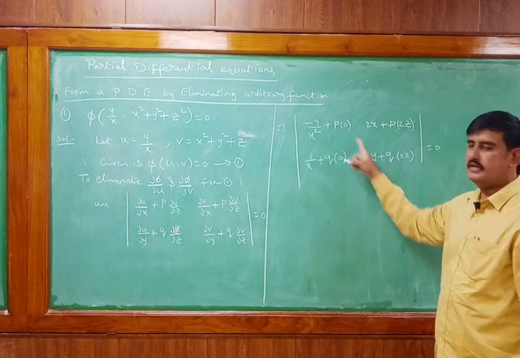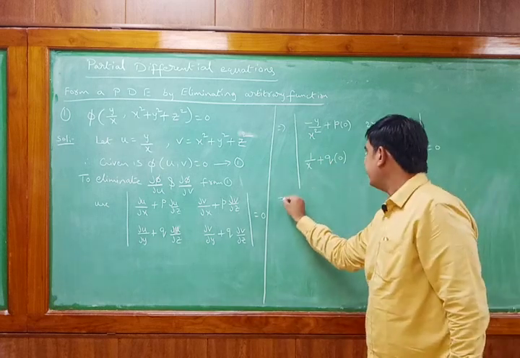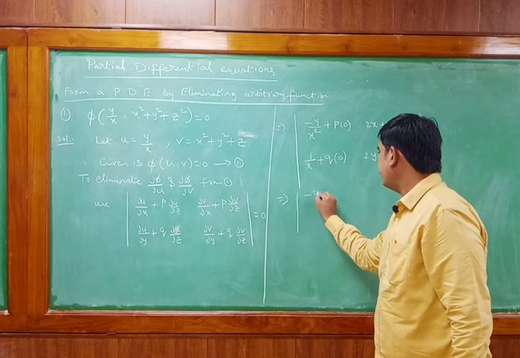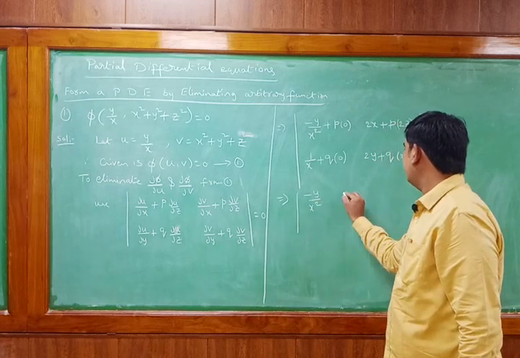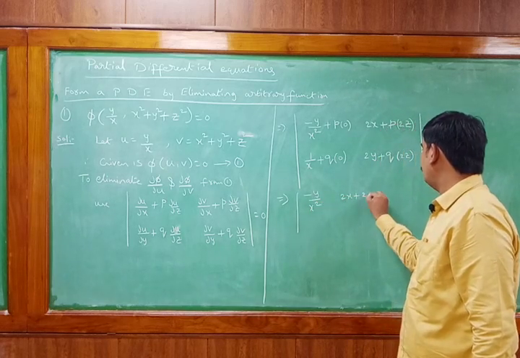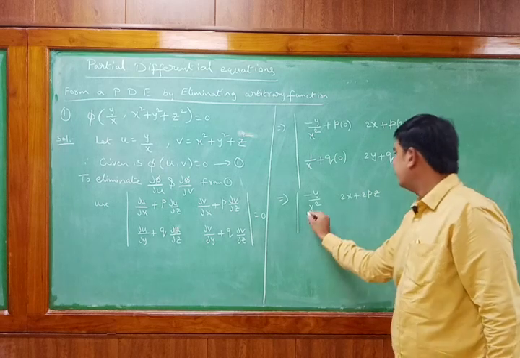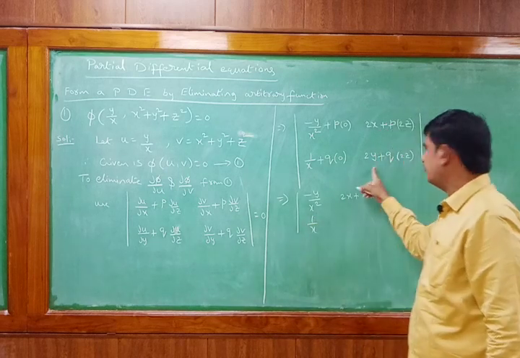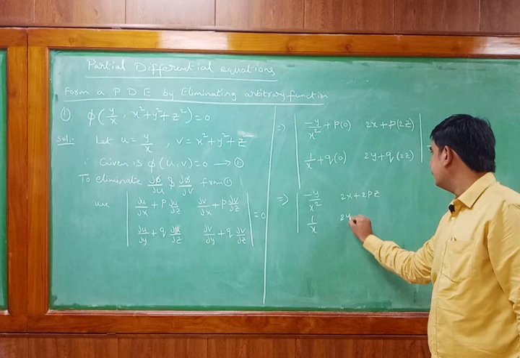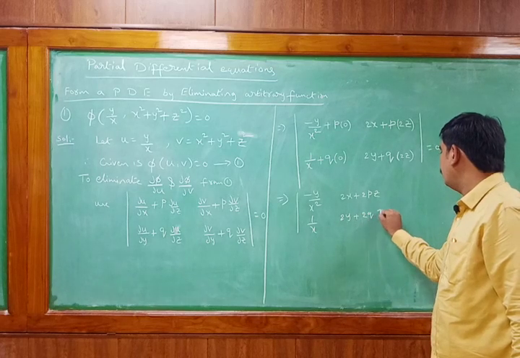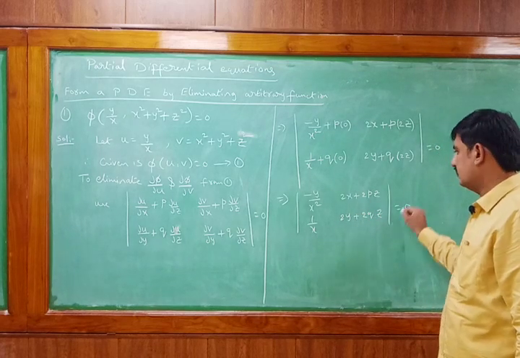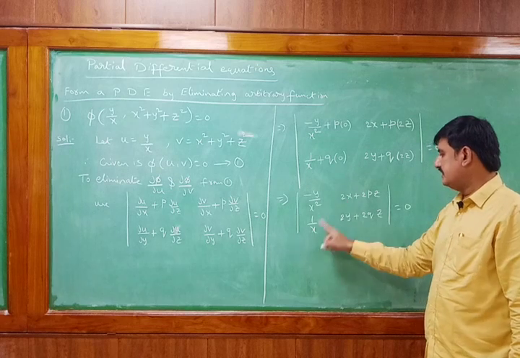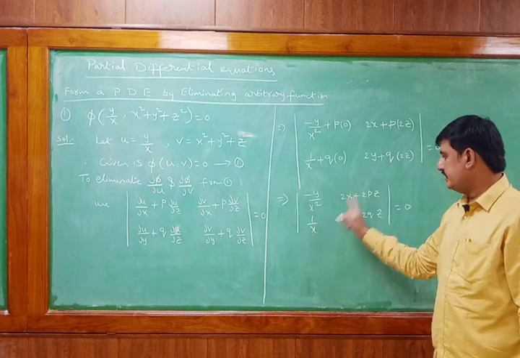So the determinant. To simplify this part, I get minus y by x square, 2x plus 2pz, and here 1 by x, 2y plus 2qz, determinant equal to 0. The determinant of A, B, C, D is AD minus BC.